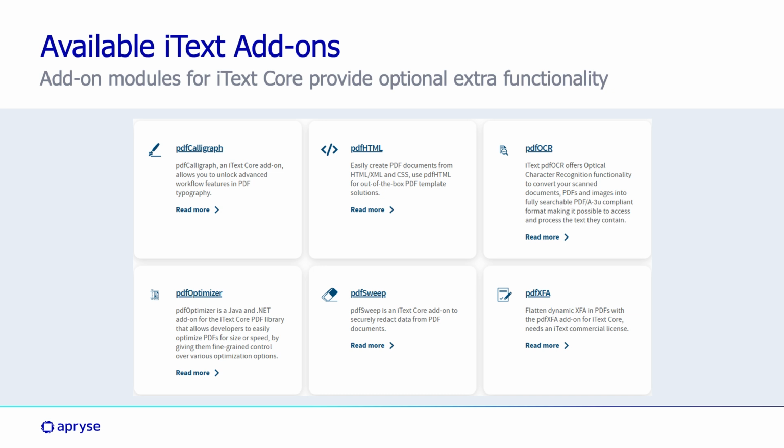pdfHTML, you can create PDFs from HTML, from XML, using XSLT transforms, all of those things. And you can actually create PDF UA documents or PDF/A documents from pdfHTML, or even acroforms from pdfHTML. So that's super useful. You have pdfOCR.